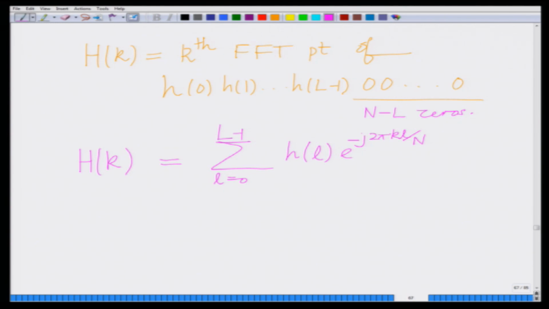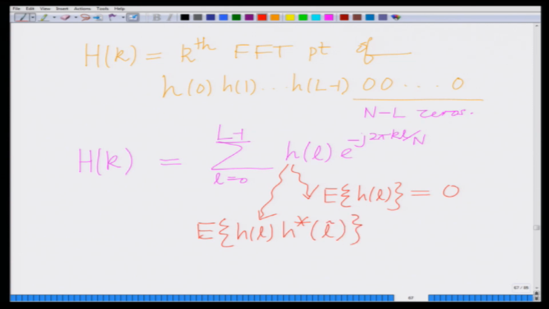What we are going to now assume is that each h l is a Rayleigh fading channel coefficient, which means each h l is complex Gaussian with zero mean, that is, the expected value of each h l is 0. Together, and this is an important assumption, we assume that the expected value of h l times h conjugate l tilde is equal to 0, that is, the channel taps l and l tilde are uncorrelated.